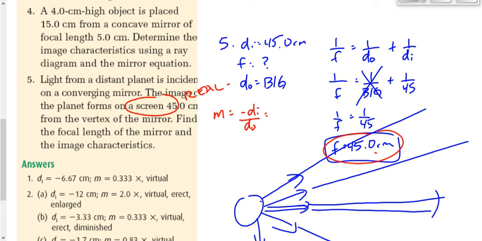Di was 45. Do was big. Magnification is going to be what? Small, right? So we know that the image is going to be formed smaller than the object. That doesn't make sense, does it? In a telescope, don't you form an image that's bigger? Don't you magnify it?